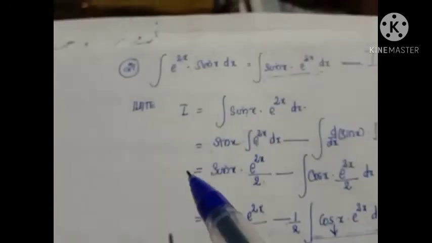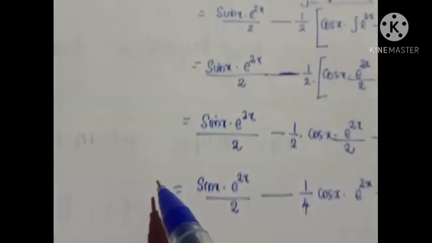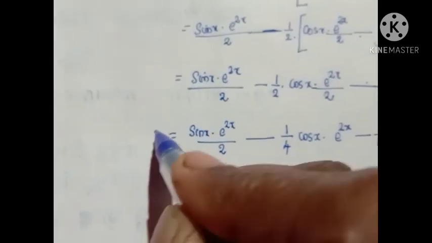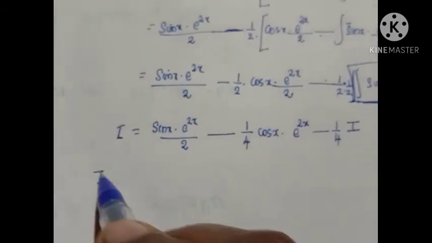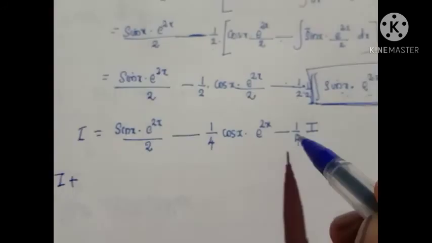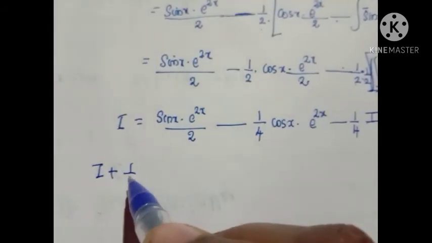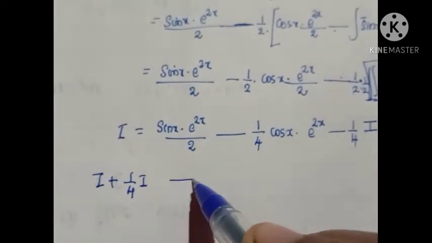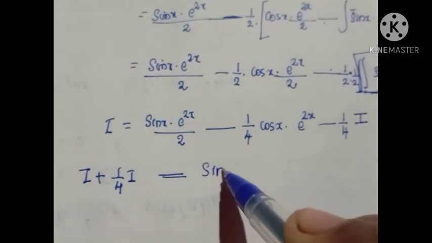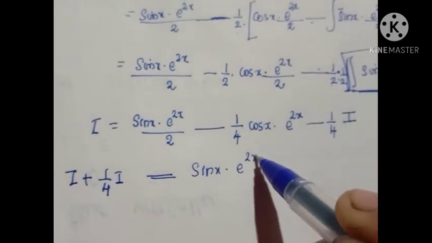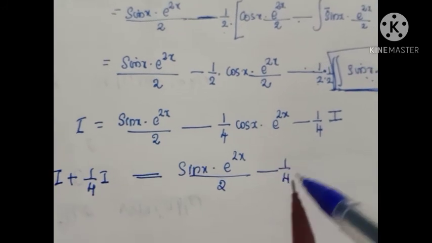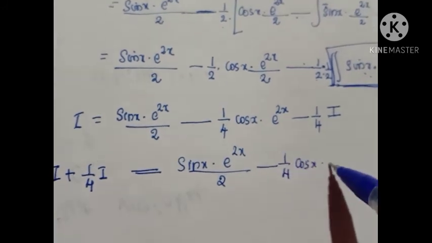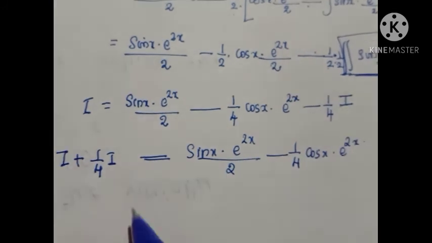So on the left side, we started with I. So left side is I. Okay. Now take this I term to here. So this becomes I plus 1 by 4 I is equal to sin x into e raised to 2x by 2 minus 1 by 4 cos x into e raised to 2x.